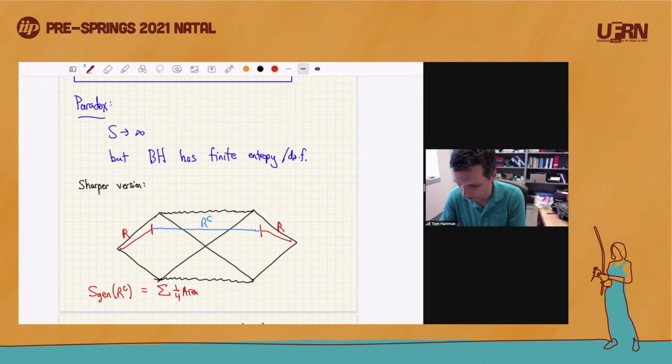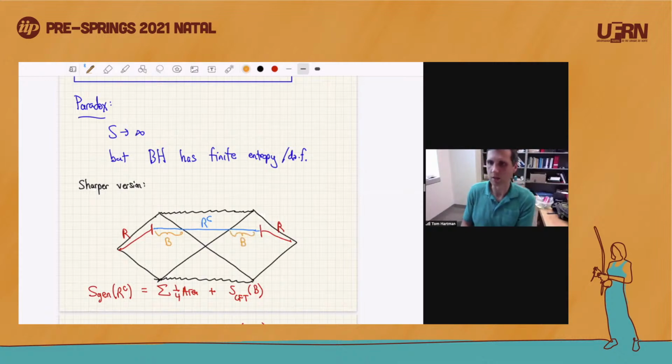So that's those two spots. And then there's an S CFT of what I'll call region B. Okay, so region B is the union of these two segments here. That is, it's the quantum fields outside the horizon of the black hole. Okay, so that's the generalized entropy.